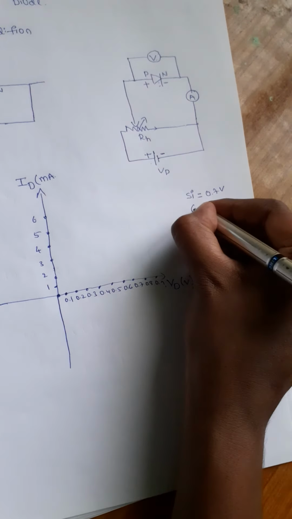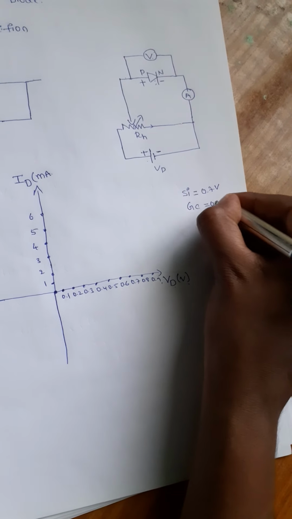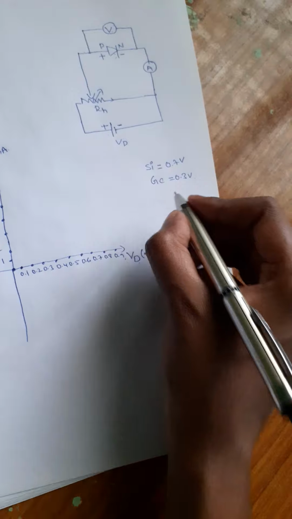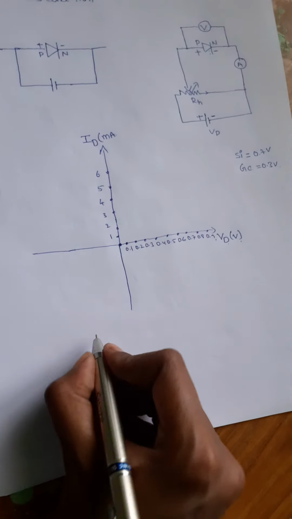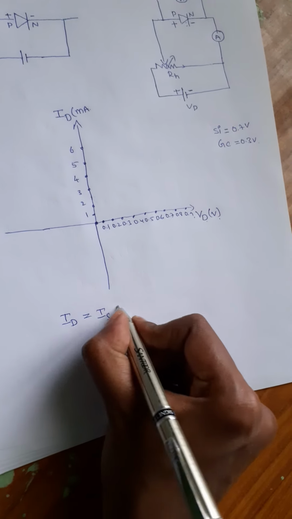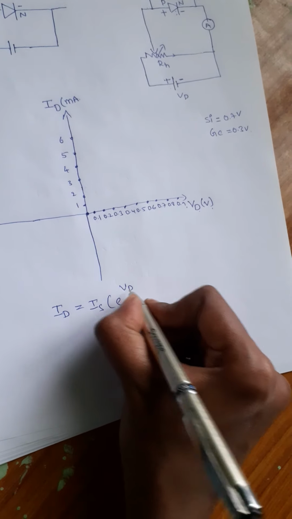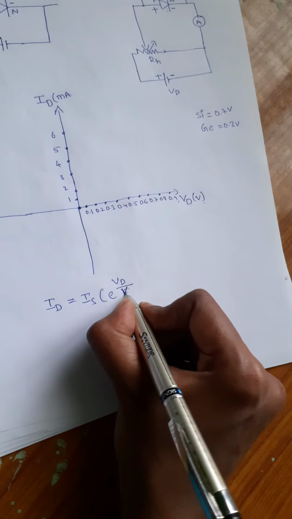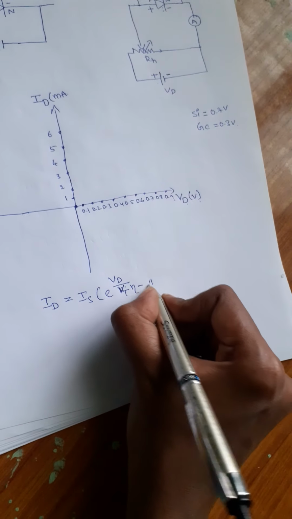For germanium it is 0.3 volts. We know that the relation between the diode current and the diode voltage is ID equals Is times e to the power of VD by eta Vt, minus 1.